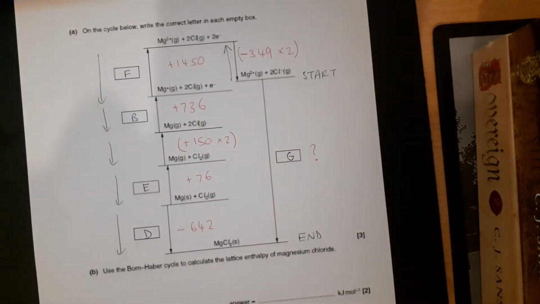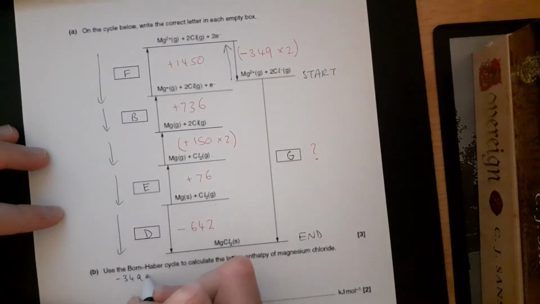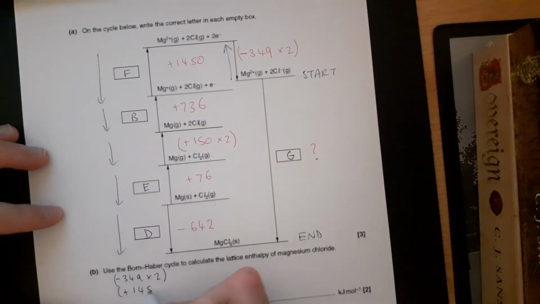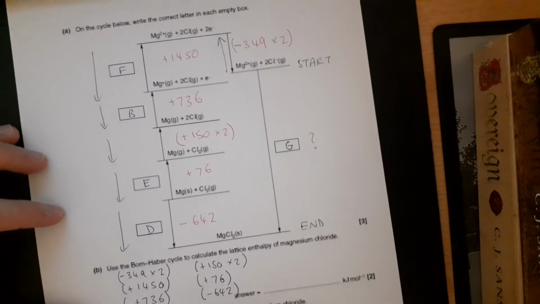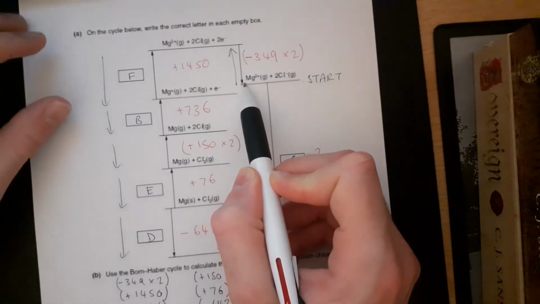So then let's just write these numbers out. What have we got? We've got minus 349 times 2. We've got plus 1450. We've got plus 736. We've got plus 150 times 2. We've got plus 76. And we've got minus 642. Right, and then what are we doing? Our arrow is in the opposite direction to the arrow that's already there.